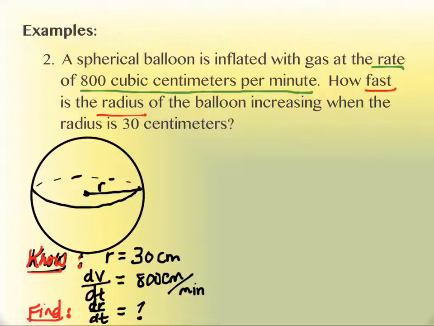So this is what we're trying to find. We're trying to find dr dt. So the whole issue here is about the volume of this balloon, that is the volume of a sphere. Do you remember the volume of a sphere formula? It's 4/3. What's next? Pi r cubed. Volume is in cubic measurements, so you're going to have three variables, so r is cubed.